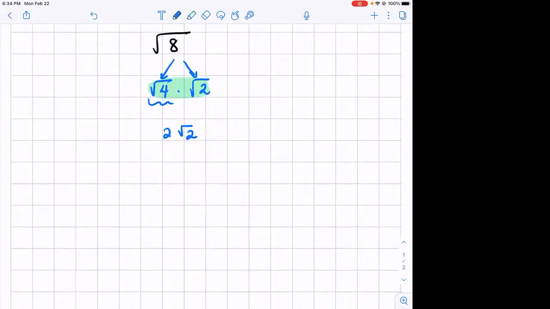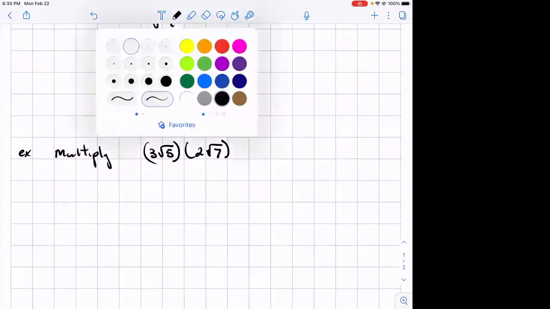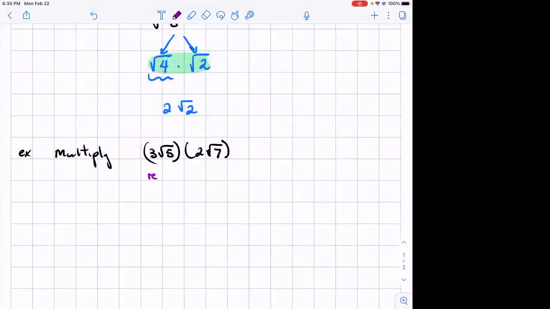So what do we do when we are multiplying? For example, multiply 3 root 5 times 2 root 7. It's very important to notice that the index is the same for these radicals. So we can regroup, though you don't have to do it this way.